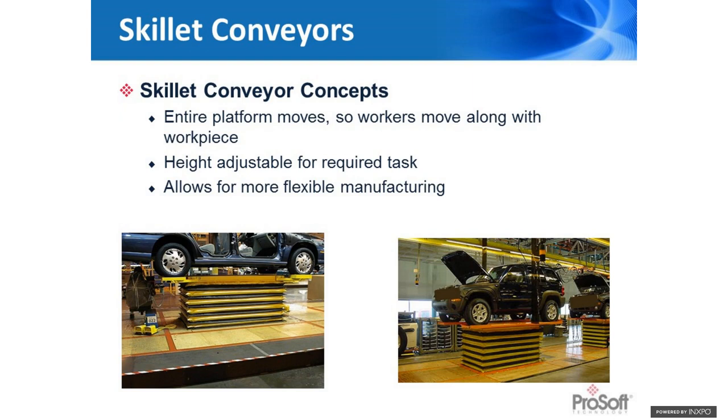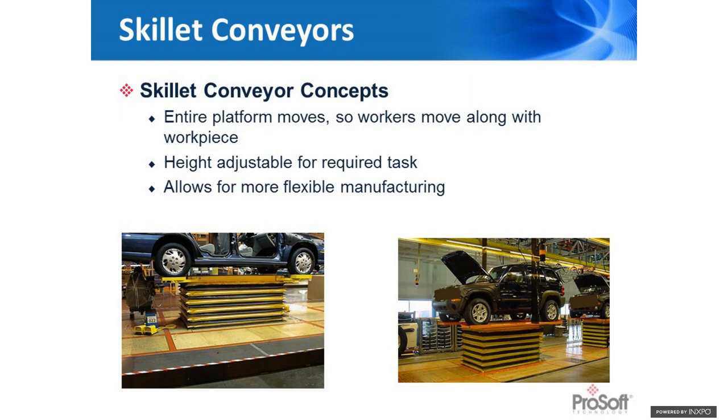In addition, skillets are sometimes height adjustable. So you can see in the picture the lift table that the vehicles are mounted on. This allows the workpiece to adjust to the height of whatever needs to be done at that workstation. For automotive builders, this allows for a much more flexible manufacturing capability.